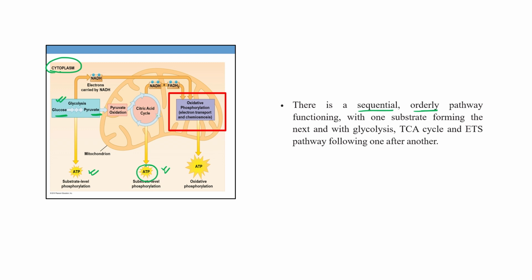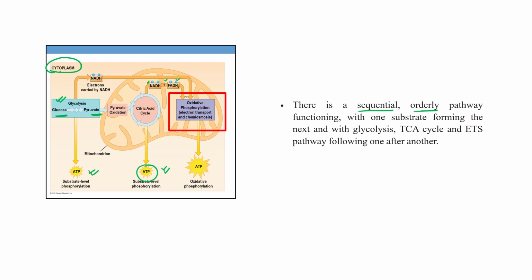During the citric acid cycle, a lot of NADH and FADH2 is produced, which is further utilized by the electron transport chain, where many carrier molecules present on the membrane pass electrons from one carrier to another and push all the protons towards the intermembrane space.